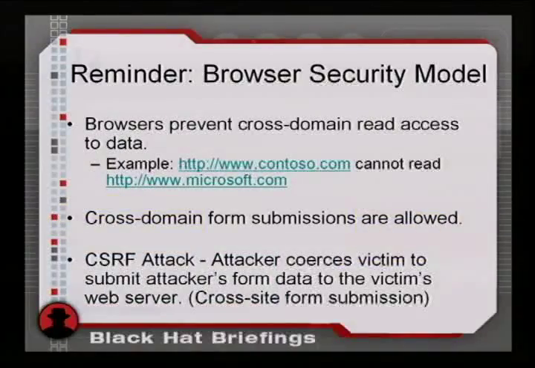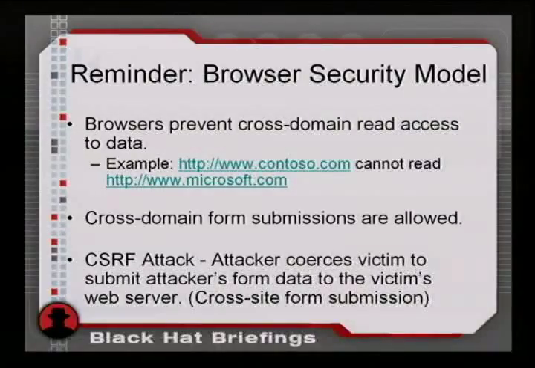So the crux of the problem is this. In order to understand this attack, we have to remember how the web browser security model works. There is cross-domain support in the browser. However, it's only on read access. So with that, for example, if we have www.contoso.com and it tries to read content from www.microsoft.com, the browser security model prevents this because it's attempting to read it.